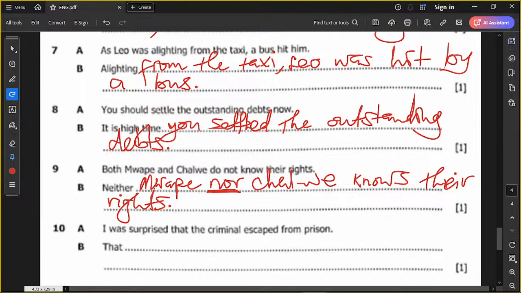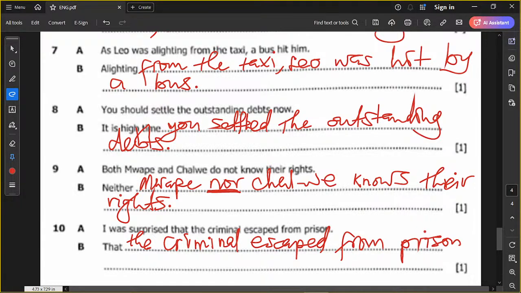We say, that the criminal escaped from prison surprised me.